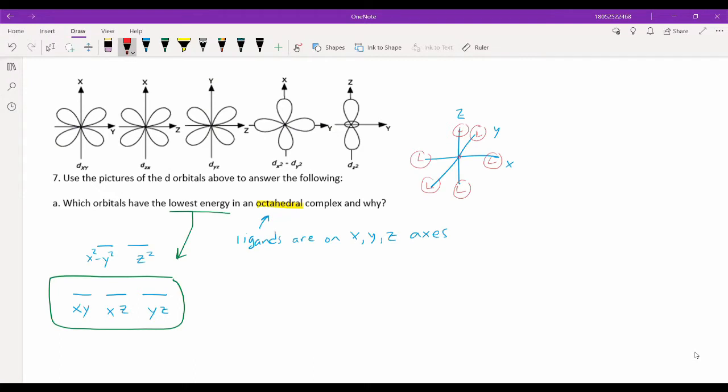Therefore, the orbitals that are pointing at the ligands are high energy. So z squared, this one, and x squared minus y squared, because those essentially would be like this if you kind of saw them overlaid on here. They're pointing at the ligands, so they're going to be high energy.